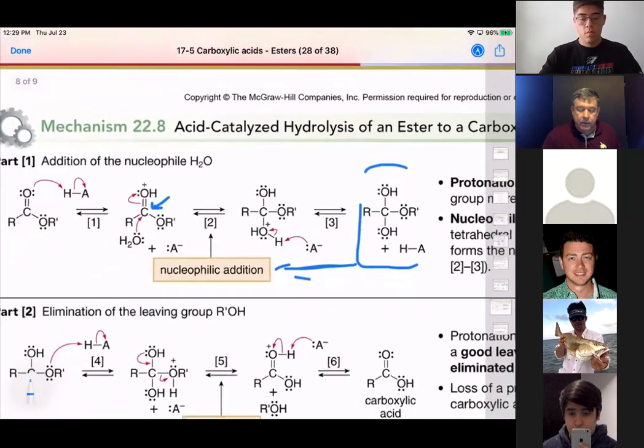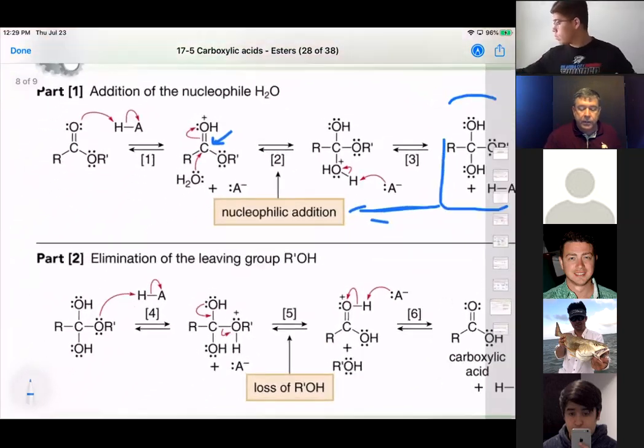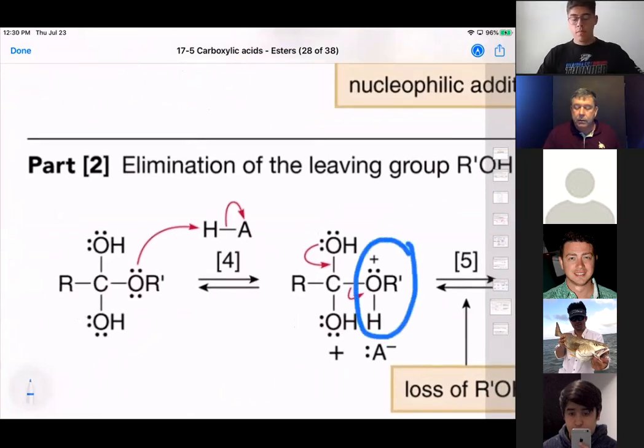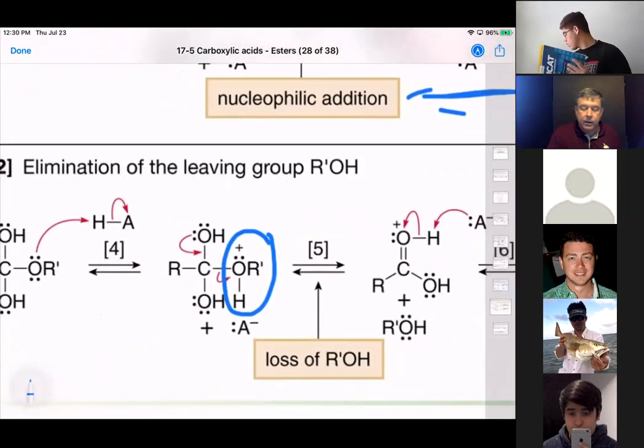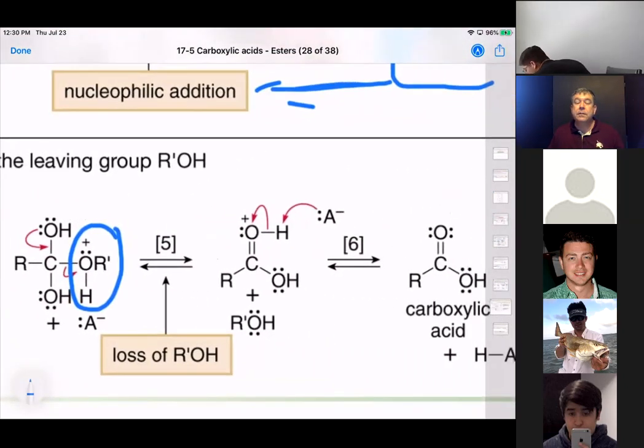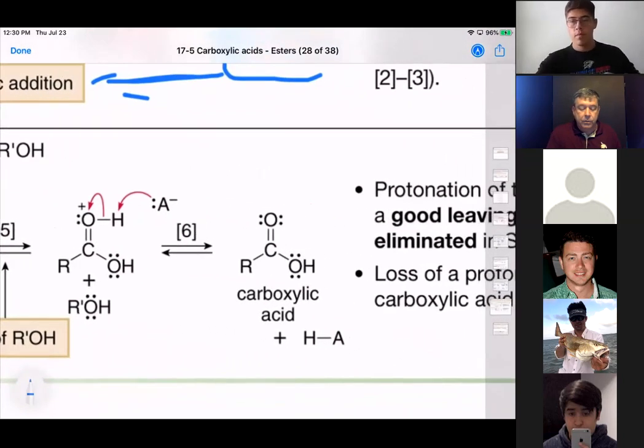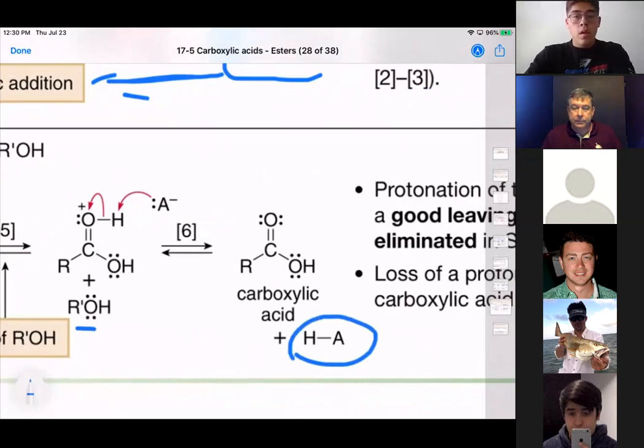If the alcohol protonates, we go to the forward reaction, where we can eliminate neutral alcohol and our lone pair will kick in here, generating our protonated carbonyl species. And of course, deprotonation of our protonated carbonyl species will generate our carboxylic acid, our neutral alcohol, and regenerate our acid catalyst. Okay, and again, every single one of these steps is reversible.